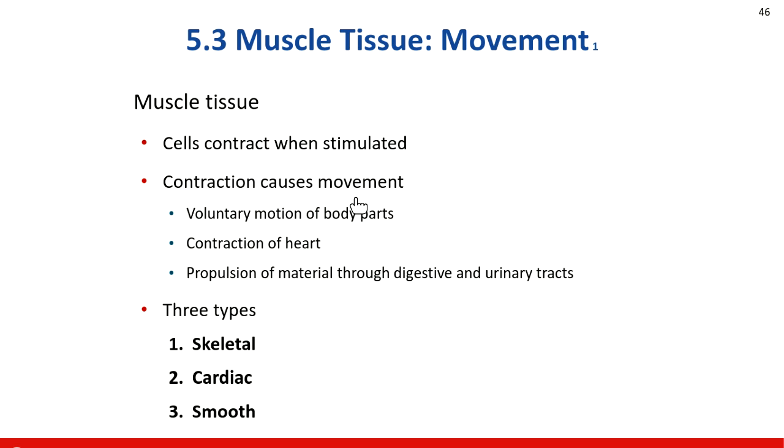If we're dealing with skeletal muscle tissue, then we'll see voluntary movement of body parts. When the heart is beating, that is also movement through cardiac muscle tissue. When we move food through our small and large intestines, that is smooth muscle. So there's 3 types: skeletal, cardiac, and smooth.